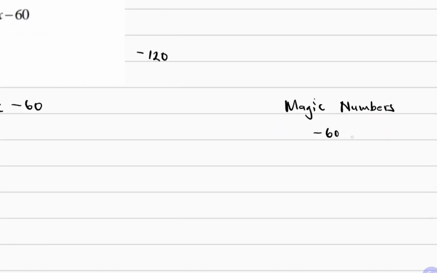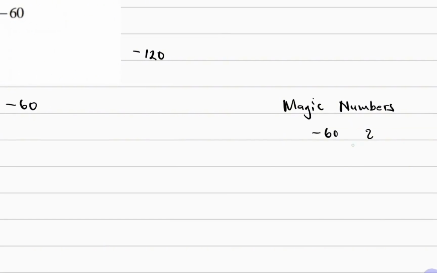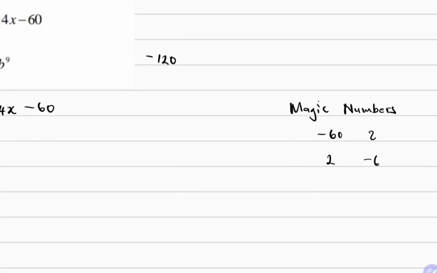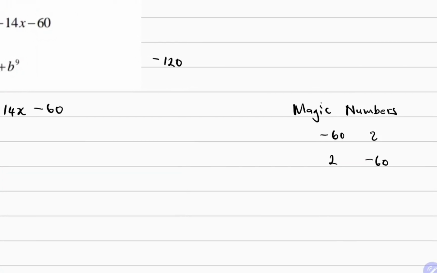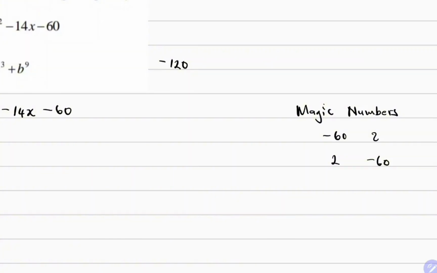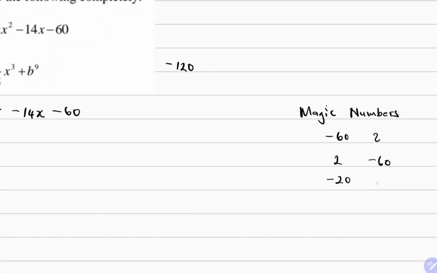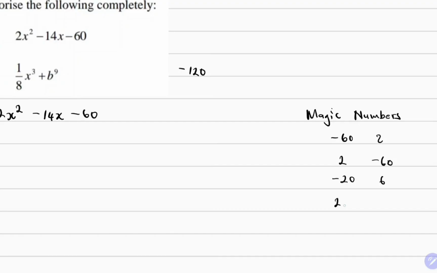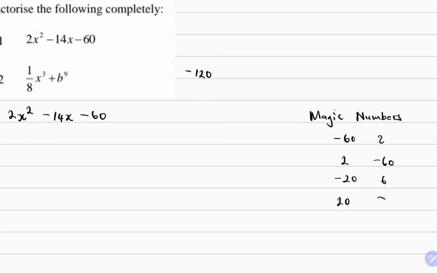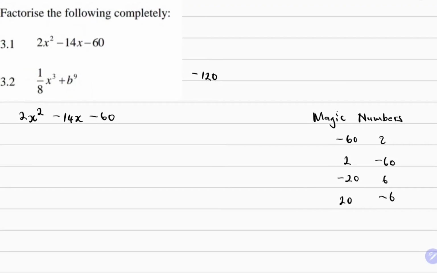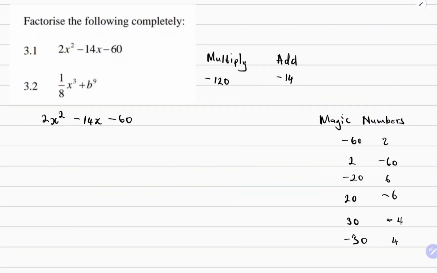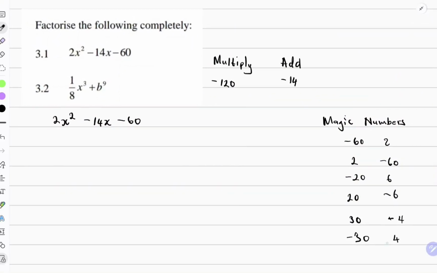Minus 60 and 2, if you multiply these two, you get negative 120. 2 and minus 60 gives you negative 120. Negative 20 times 6 gives you negative 120. And 20 times negative 6 gives you negative 120. Other combinations are 30 and negative 4, and negative 30 and 4.